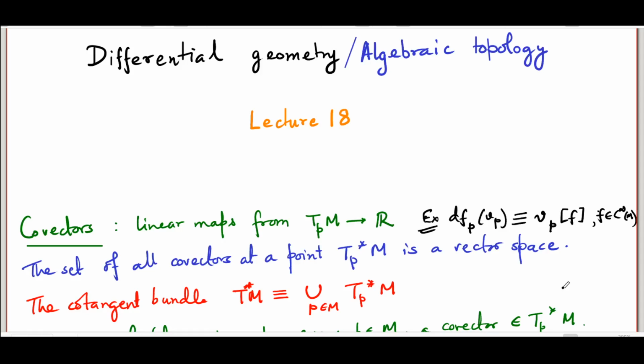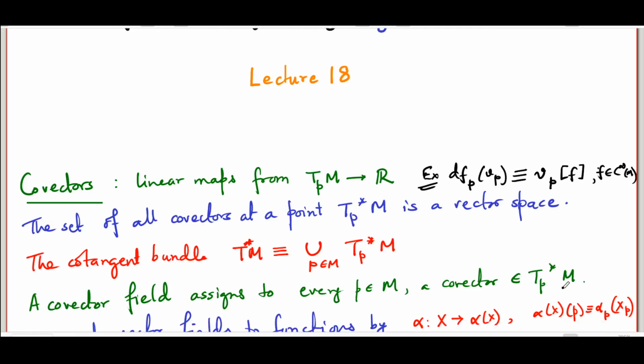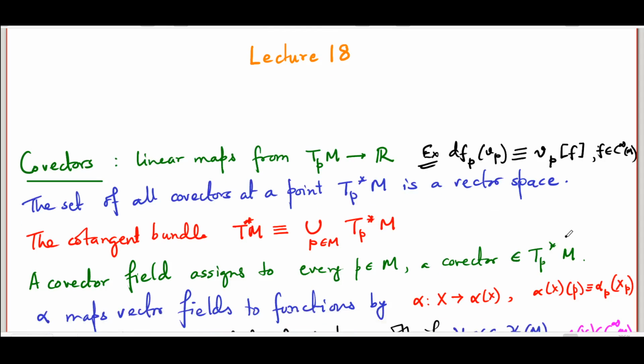Now, just like you get vector fields, which are special kinds of maps from the manifold to the tangent bundle where every point in the manifold is mapped to a vector stuck to that particular point, you have covector fields, which assign to every point P of M a covector stuck to that point, a member of T_P* M. We can talk about the action of a covector field on a vector field, and the result is a function.